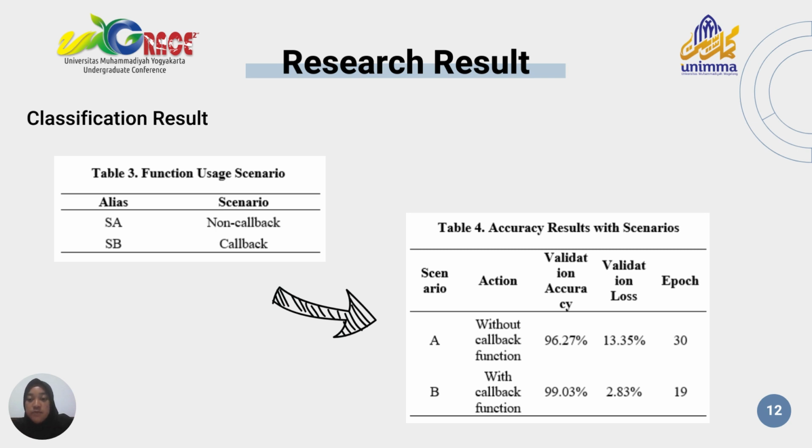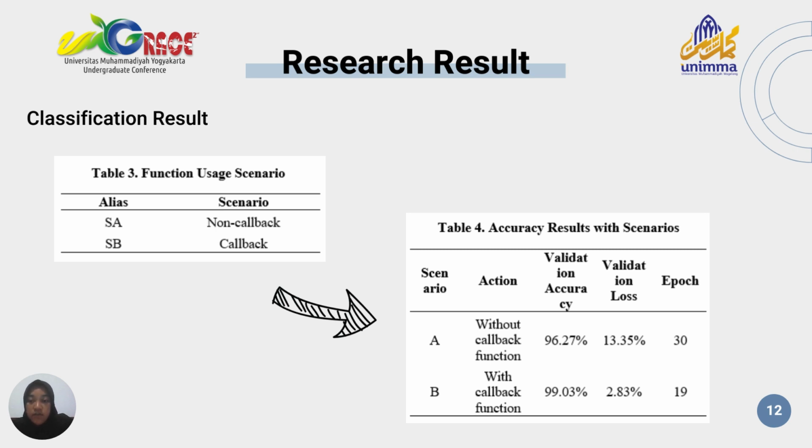Whereas in SB, the callback function is given a provision that if the validation accuracy value is greater than 98.50%, the message accuracy fulfilled will be printed, so that the validation and loss plots are stopped at the 19th epoch with a validation accuracy of 99.03% and a validation loss of 2.83%.